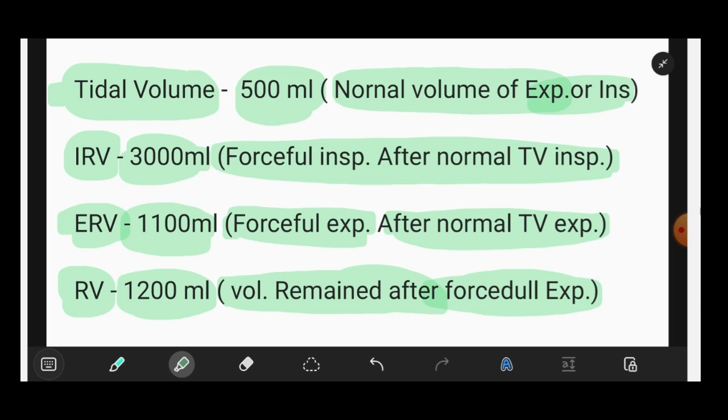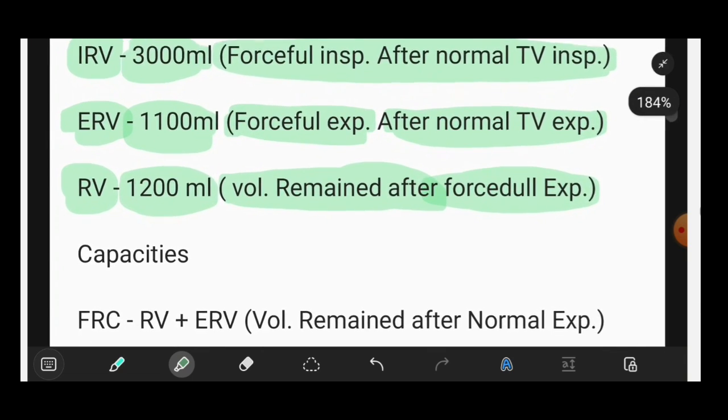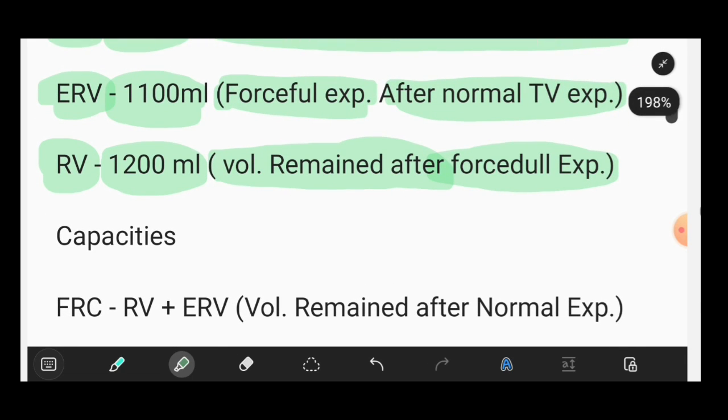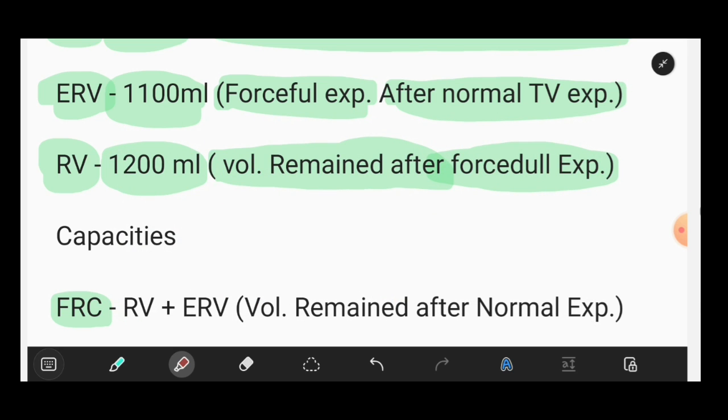It is very important. There is another term known as functional residual capacity. There is a very major difference between the residual volume and the functional residual capacity. Residual volume is the volume remaining after forceful expiration.